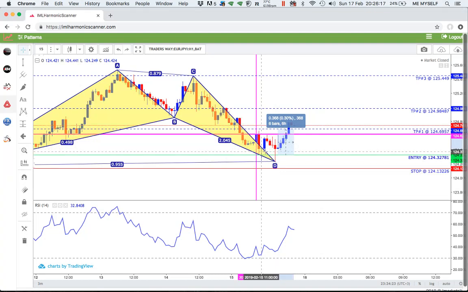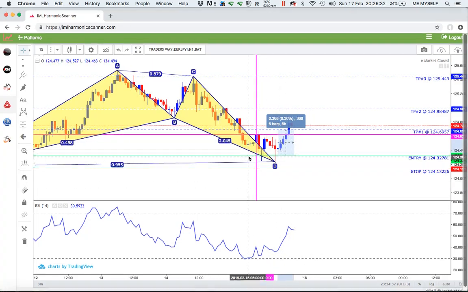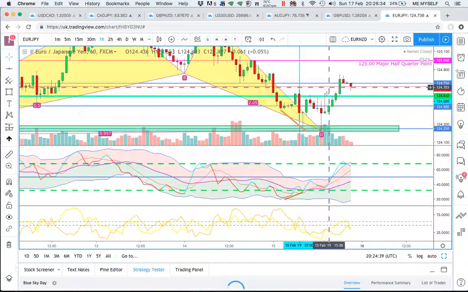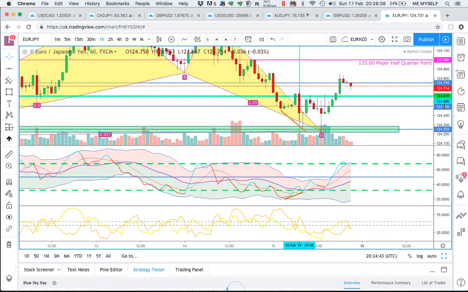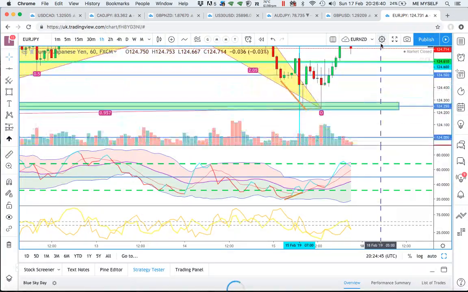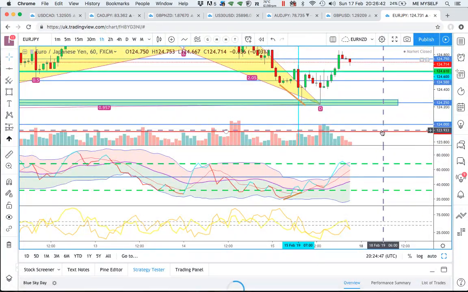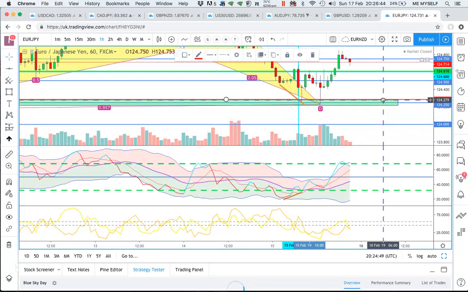Or if you have taken multiple trades from the beginning, you could take multiple trades, and then when your take profit is hit, you move your stop loss into profit. All right. So the TP1 is hit, move your stop loss into profit right here. Boom.